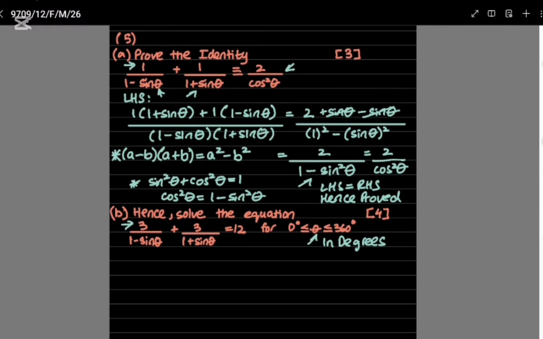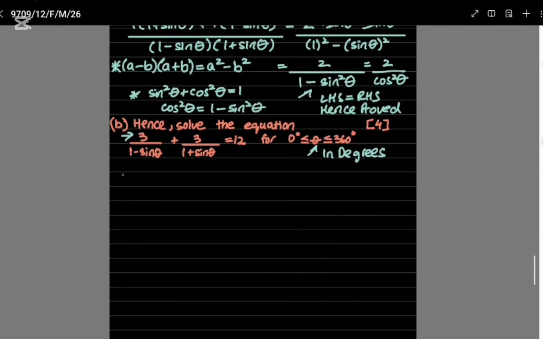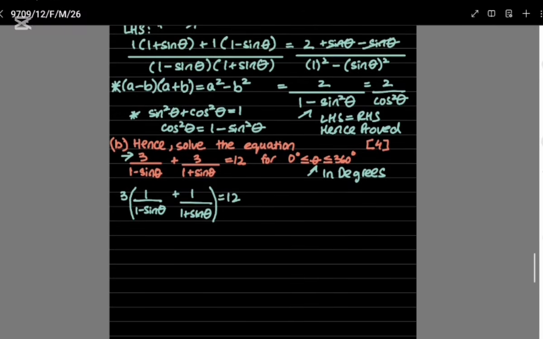Over there we had 1. What should we do? We just factor out the 3. 3 times 1 over 1 minus sine theta plus 1 over 1 plus sine theta is equal to 12. We got the same thing.